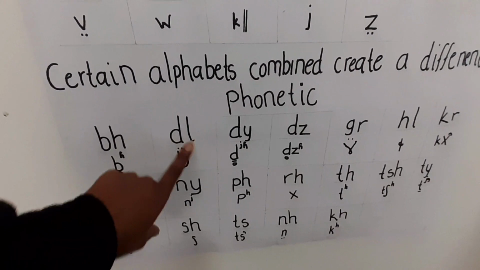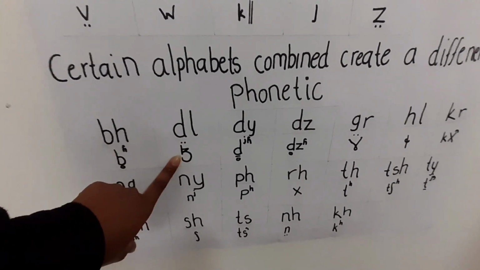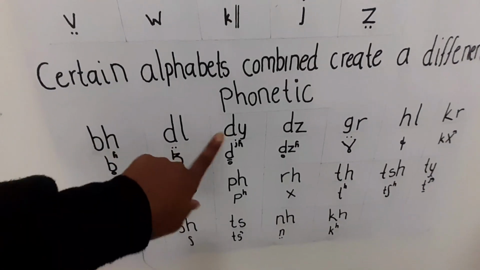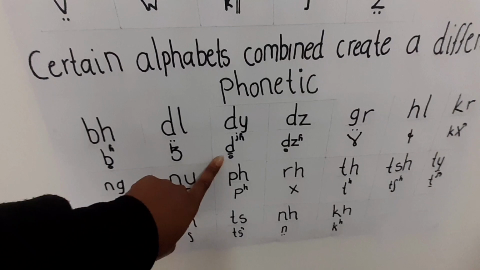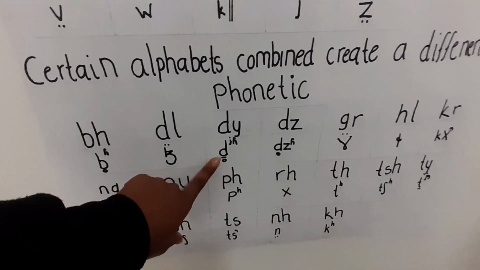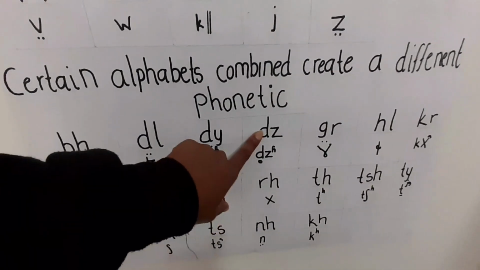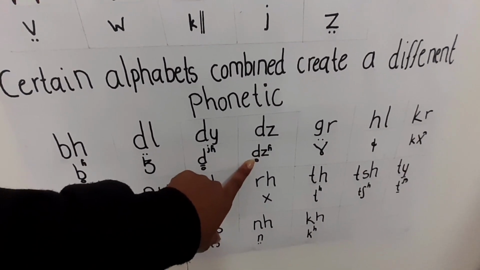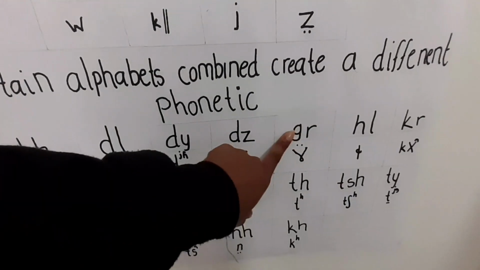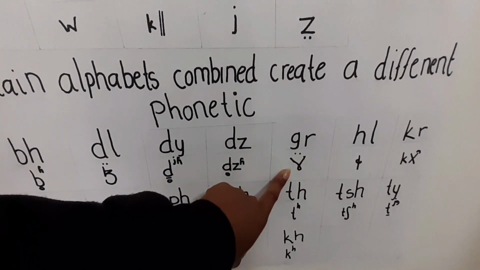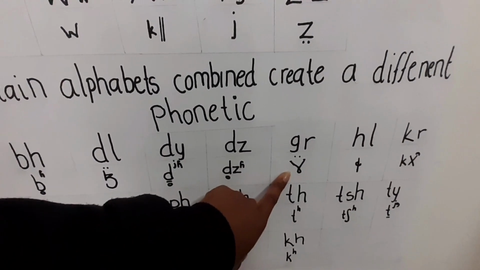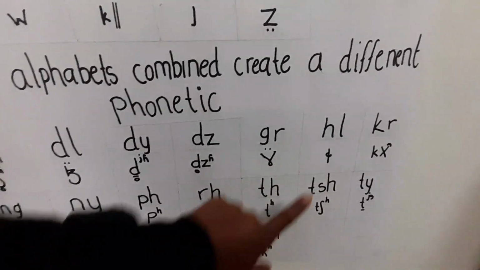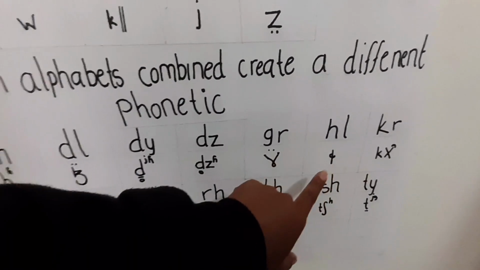And then we have the DL. This is the phonetic, and when pronouncing this, you'll say dl. Then we have dy, this is the phonetic, and here you'll say dy. We have dz, and this is the phonetic dz. We have gr, this is the phonetic, and it's pronounced like something's burning.